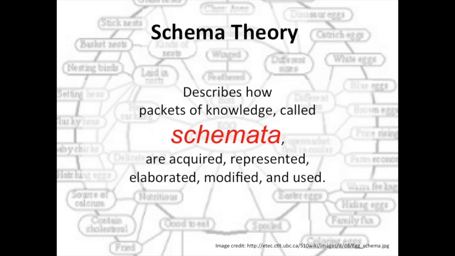Restructuring involves creating new schema because new information is found to not fit into existing schema. The new schema either replace or incorporate old schema. This is similar to the meaningful learning processes of superordinate and combinatorial learning, depending on the learning situation.